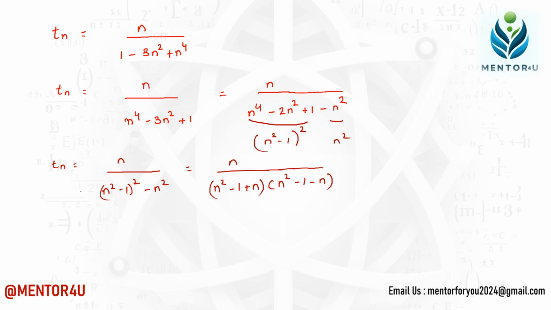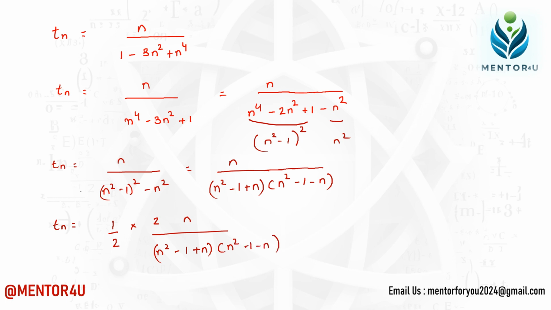Now if you see a pattern here, if you subtract those two terms obtained in the denominator, you will get 2n, right? So we can multiply and divide by 2 in the numerator and the denominator. So it will be 2n divided by n square minus 1 plus n multiplied by n square minus 1 minus n.